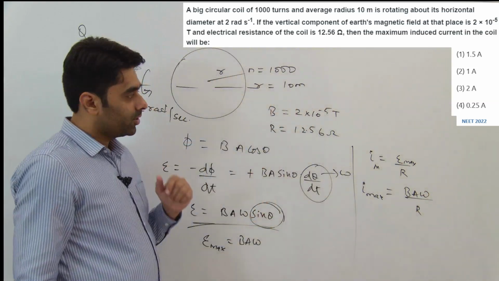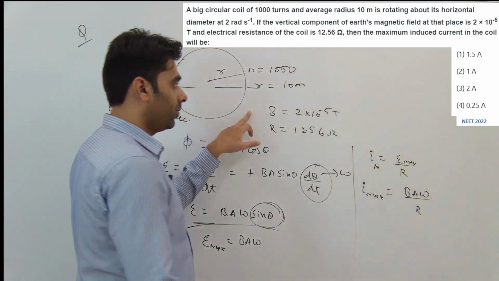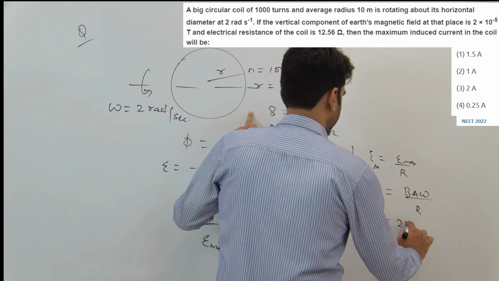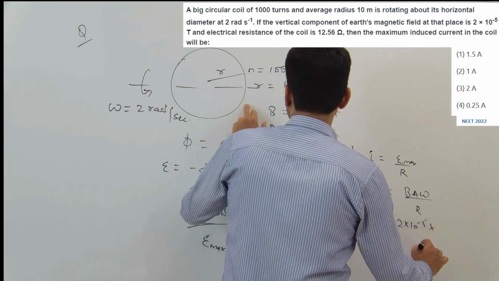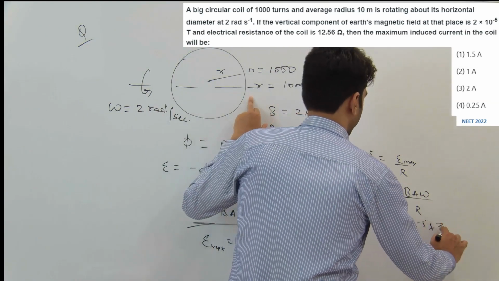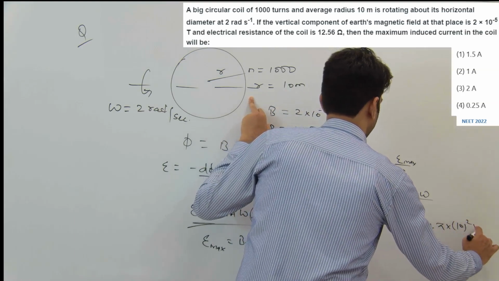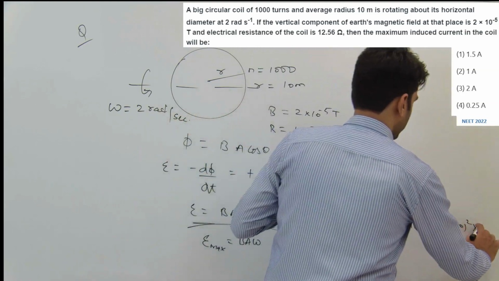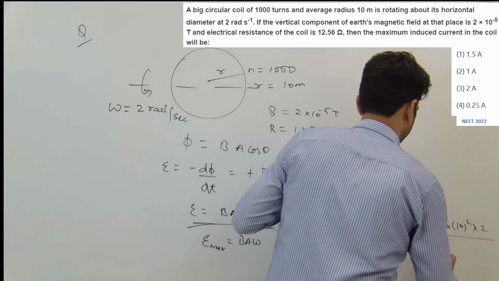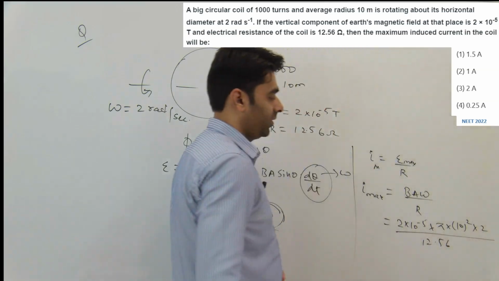Now we have to substitute the values. B is 2 × 10^-5. The area will be πr², so π into 10 squared, into ω. ω is given to us as 2, divided by 12.56, right?